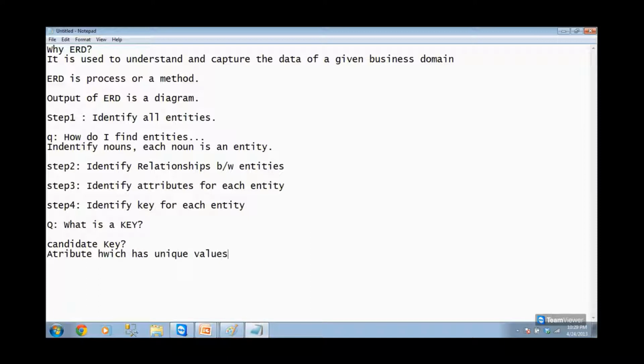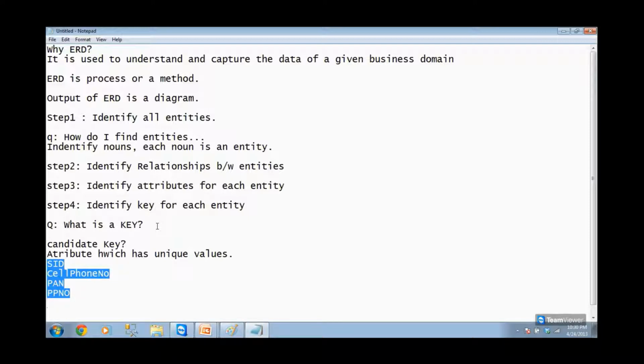Whatever the attribute, it can be student ID, cell number of the student, PAN card number, or passport number. Initially, all of these will have unique values: cell phone number or phone number. So all these will have unique values. If you have Aadhaar card number also, all these five are called candidate keys.